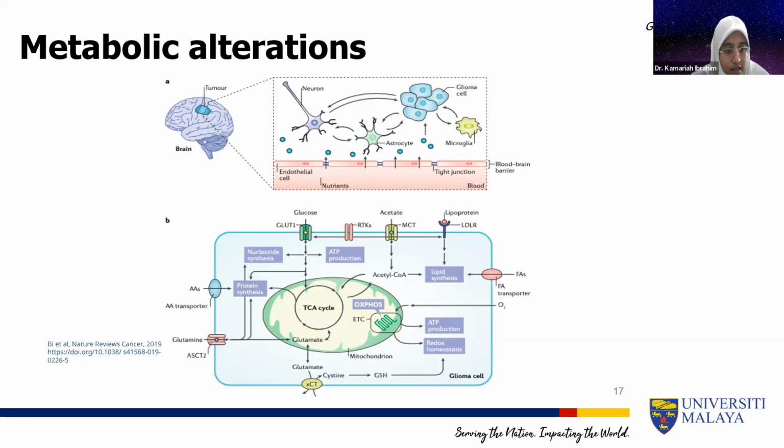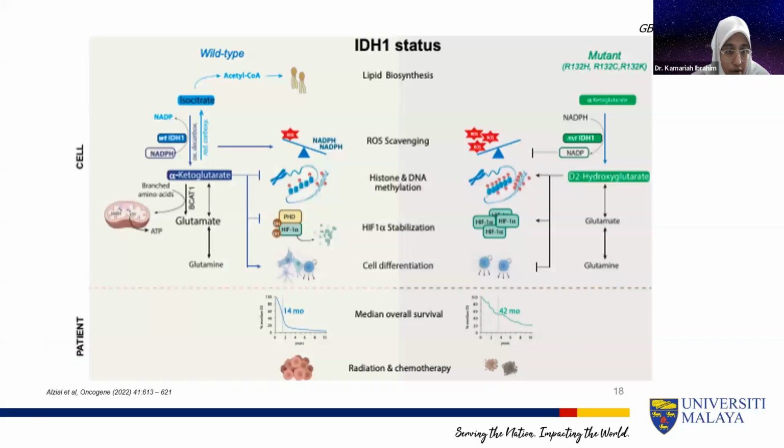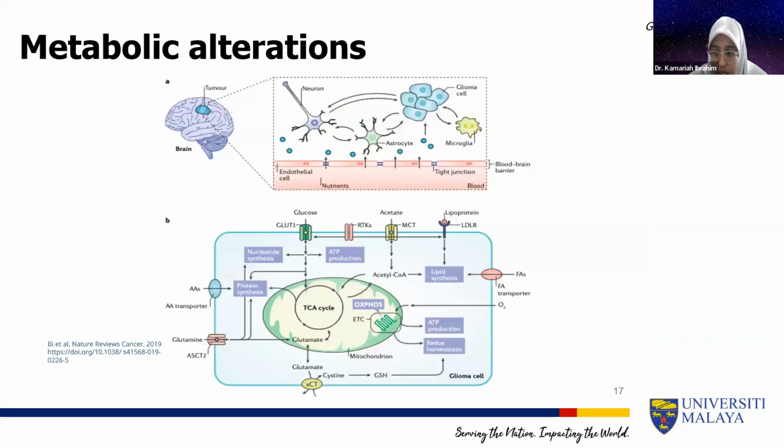So in this case, the alteration occurs because of the IDH gene. The IDH was supposed to provide a metabolic regulatory mechanism to the cells.